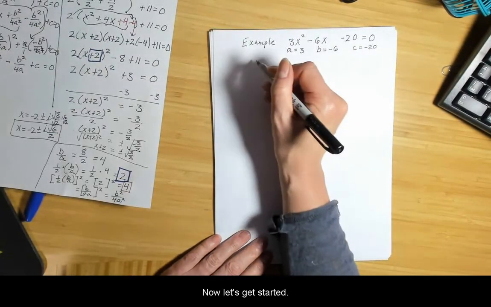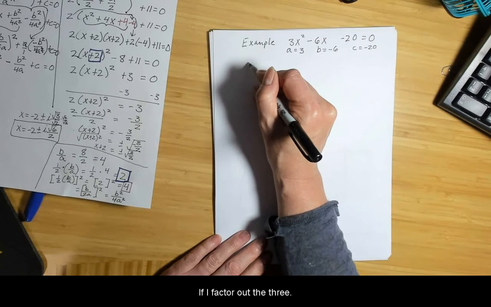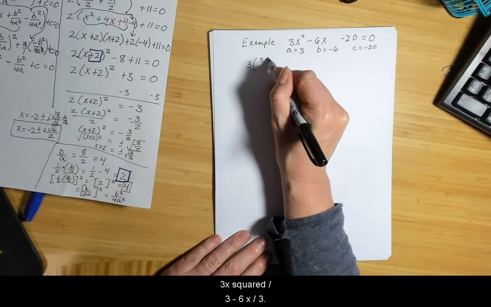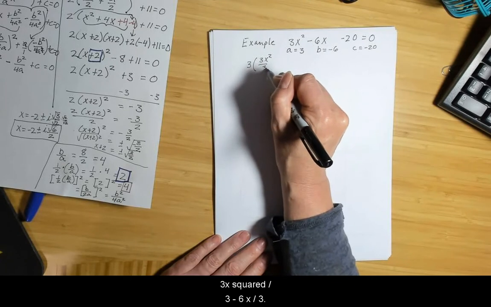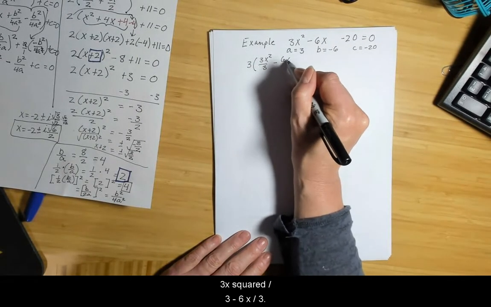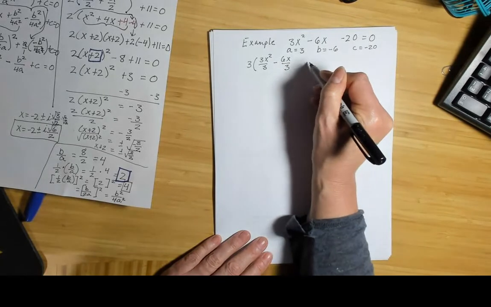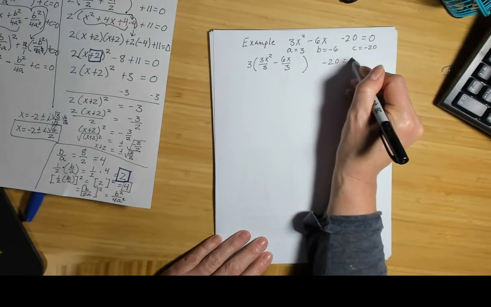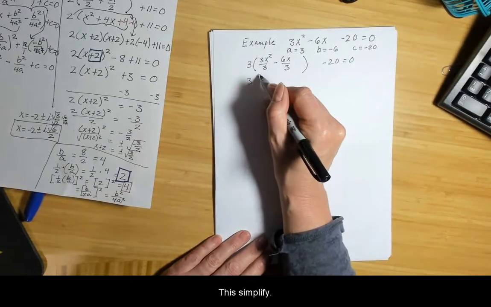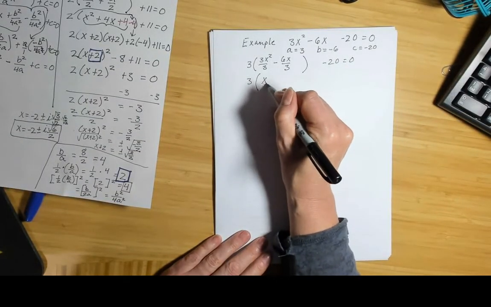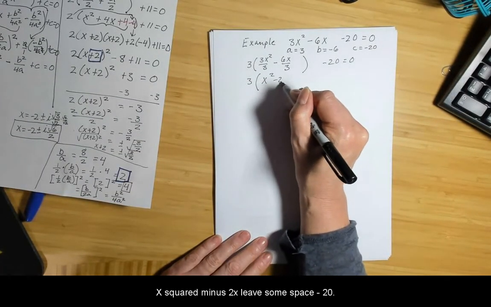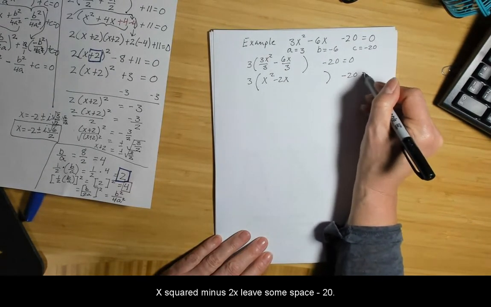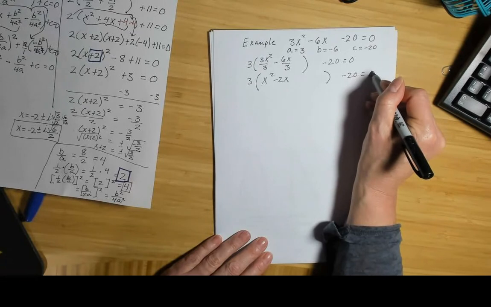Now let's get started. If I factor out the 3, this is going to leave me with 3x squared over 3 minus 6x over 3, and the minus 20 is off to the side. This simplifies to x squared minus 2x, leave some space, minus 20 equals 0.